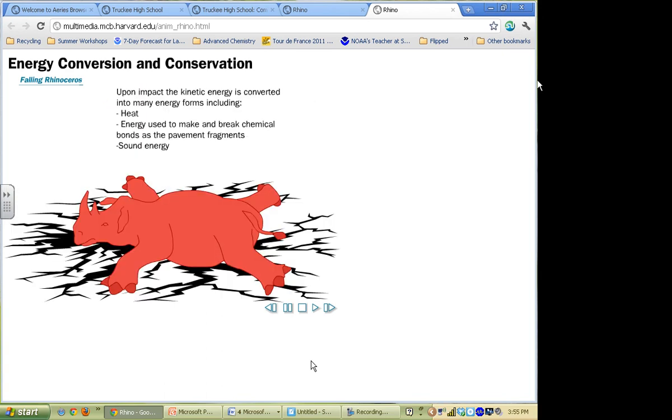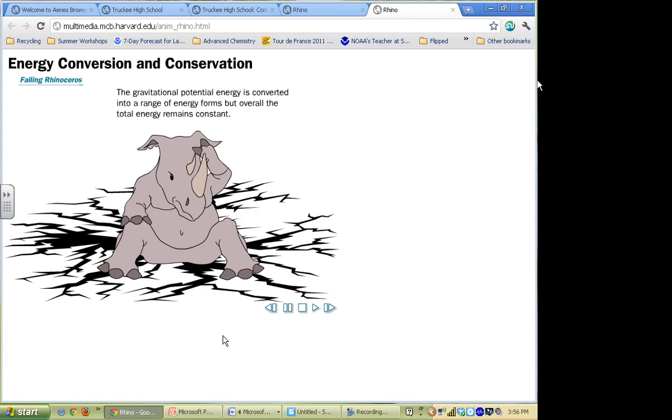So upon impact, the kinetic energy is converted into many energy forms, including heat, energy to make and break chemical bonds, such as the pavement fragments, and that potential energy is converted into a range of types of energy, but it's always conserved. The total energy remains constant. So tomorrow in class we'll do an activity with this, or maybe the next day, and teach you a little bit more.